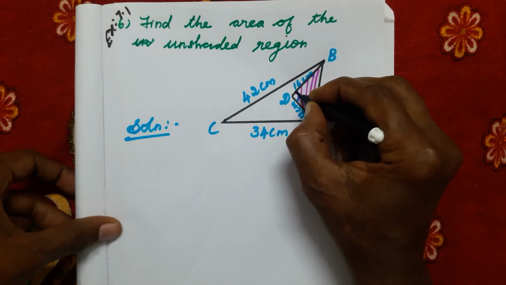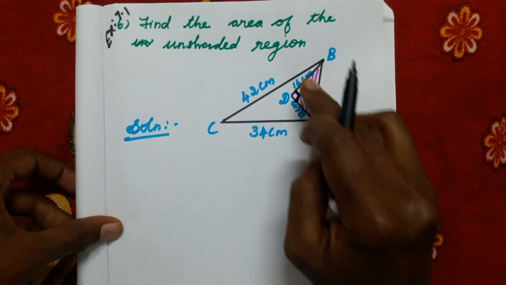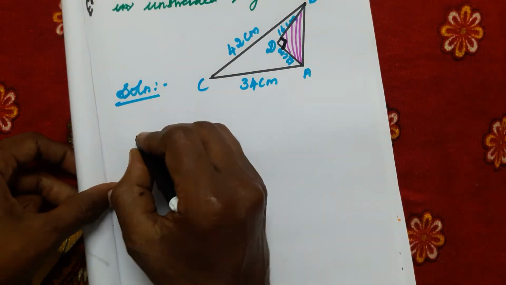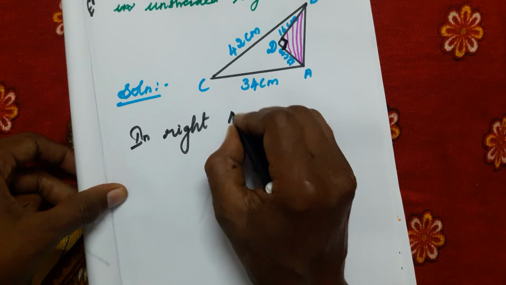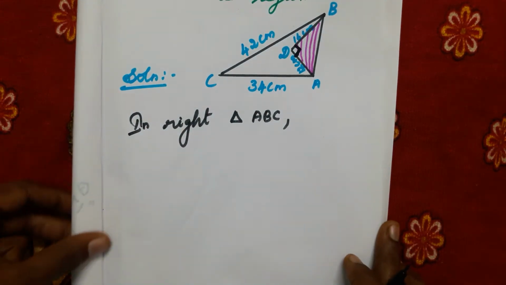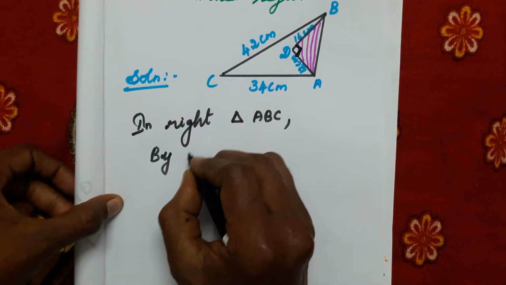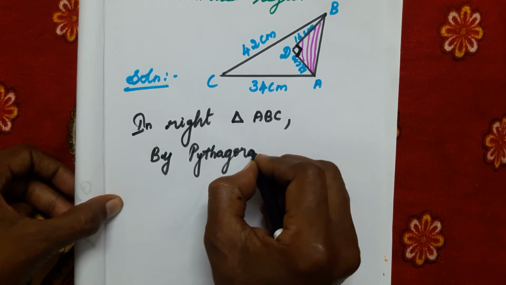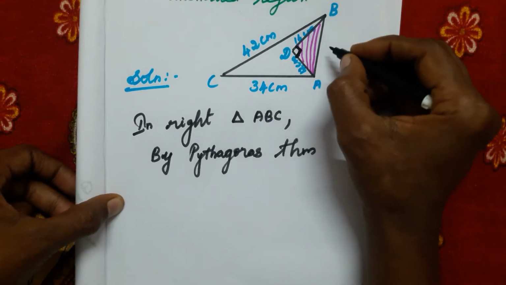Now which triangle is this? Triangle ABD is a right angle triangle. In right triangle ABD, by Pythagoras theorem, AB is the hypotenuse.